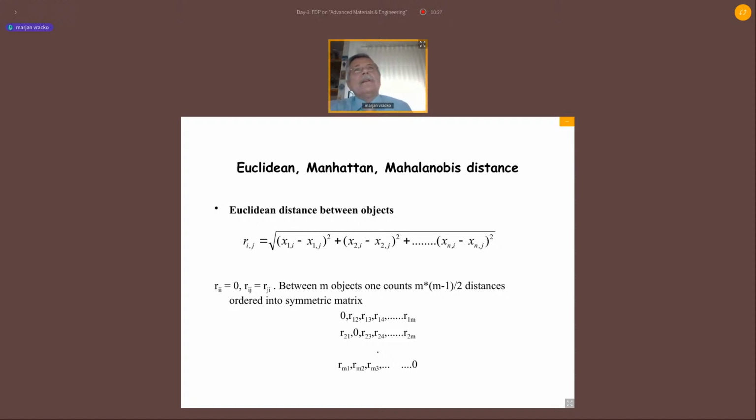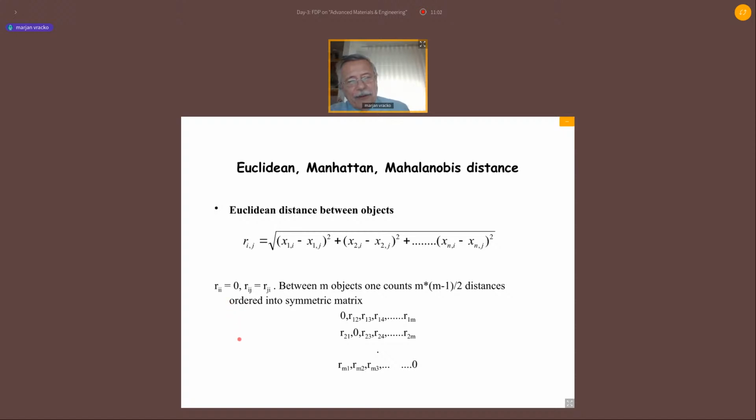Euclidean distance, here is the expression. How to calculate it is just a generalization of the expression of the Euclidean distance in three-dimensional space. So if we have more than 3 dimensions, we just make the same formula for multi-dimensional space. There is, of course, the question of how many distances there are.